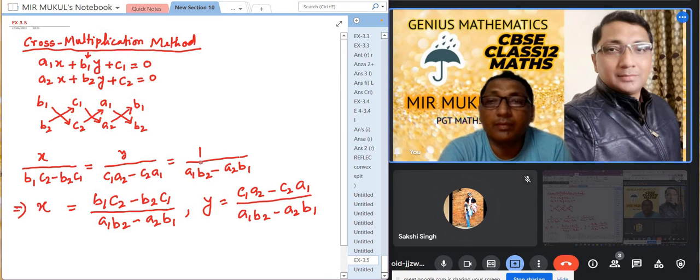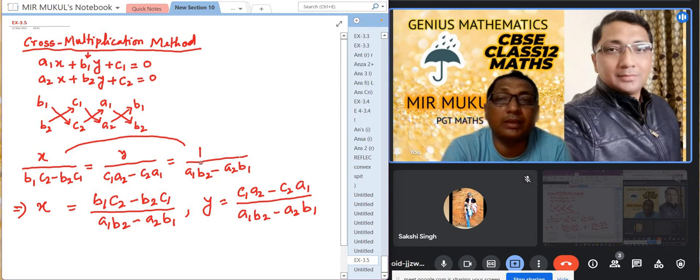Yes, sir. Okay. Now we know that if you take this and this, this equals this, we can write that all three are equal. If you take the first and last, and solve for the value of x, then this part will come in the numerator. So x equals b1 c2 minus b2 c1 divided by a1 b2 minus a2 b1.